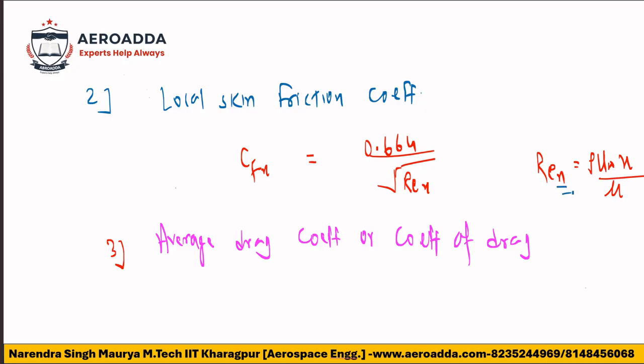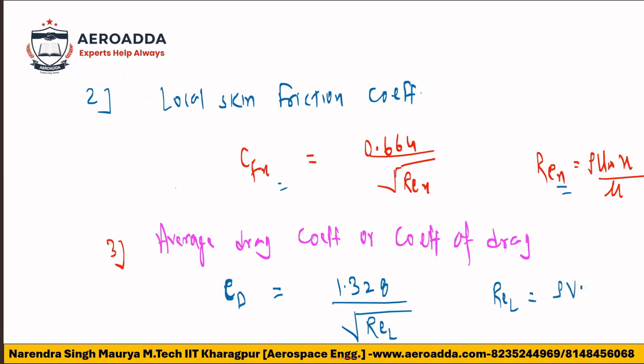This was the local drag coefficient, or skin friction coefficient, at any distance x. But if you calculate the average, it will be for the complete length of the plate. So I have to write CD. CD is nothing but 1.328 divided by root of ReL. Please remember this formula. It will help you.